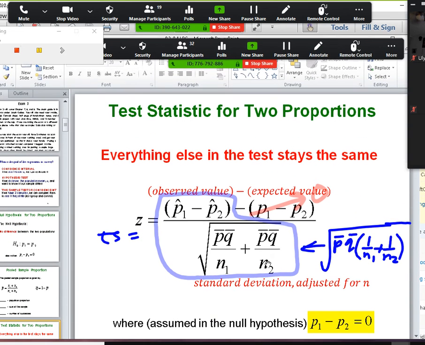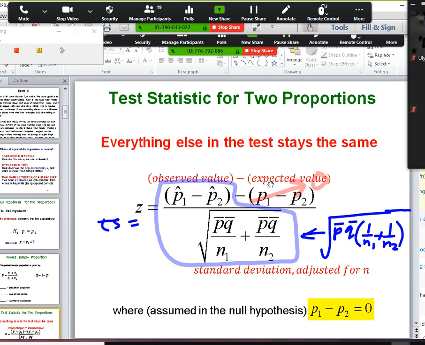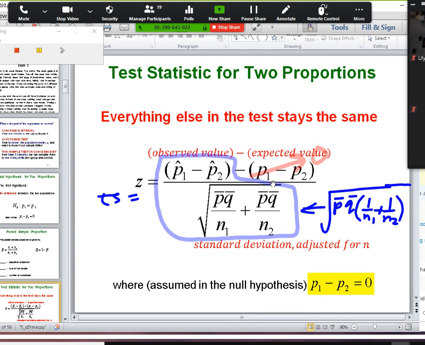The test stat is the only other thing that changes. So it's just step 1, hypothesis, and step 3 that are different than the regular stuff you guys are used to. Steps 2, 4, and 5 are exactly the same. So step 3, your test stat is equal to P1 minus P2 divided by the square root of this right here. But a lot of times your notes will write it like this, and this is actually a little bit easier maybe for people to understand or use.